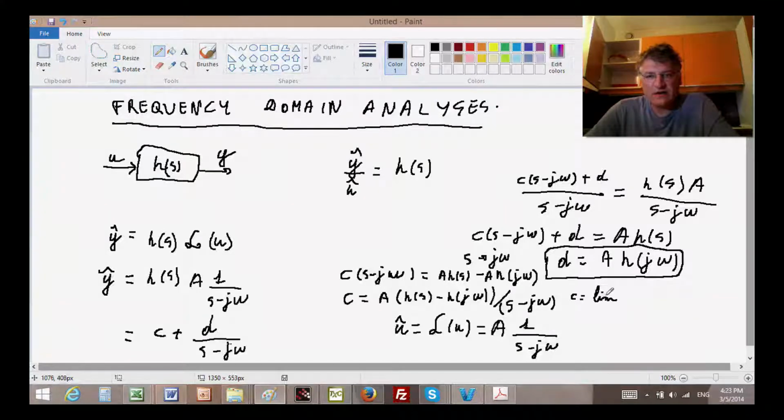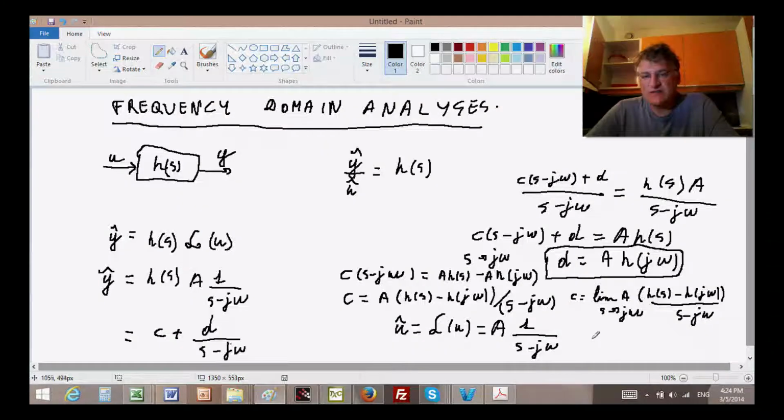So C must be the limit, when S tends towards j omega, of A times h of S minus h of j omega divided by S minus j omega.